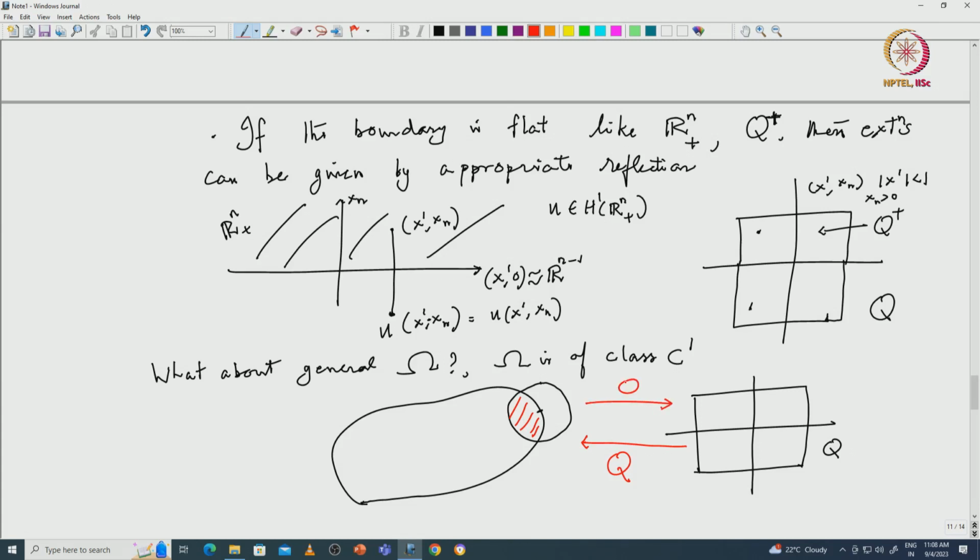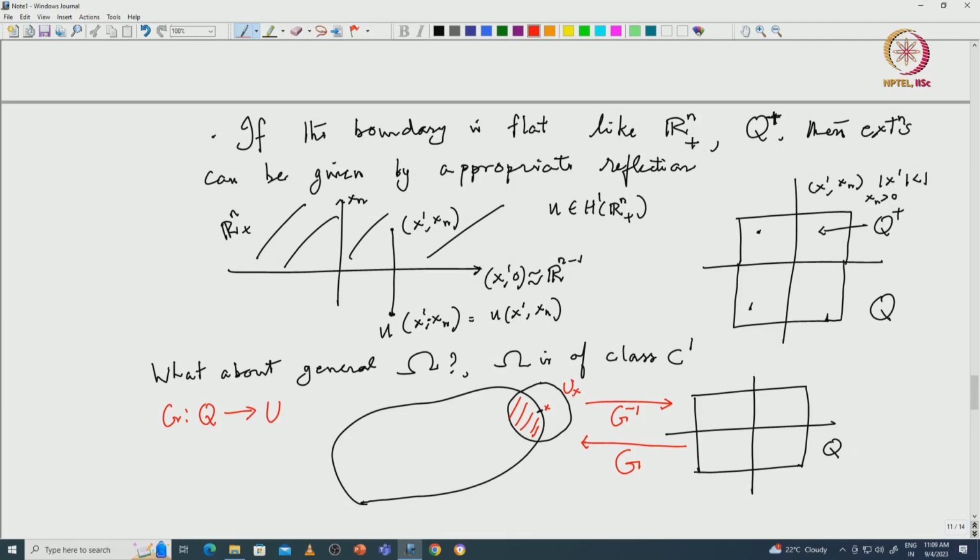Q is already used, so let me use some other notation, say G, and you have your G inverse. So basically G is a map from Q to some neighborhood U of the point x.